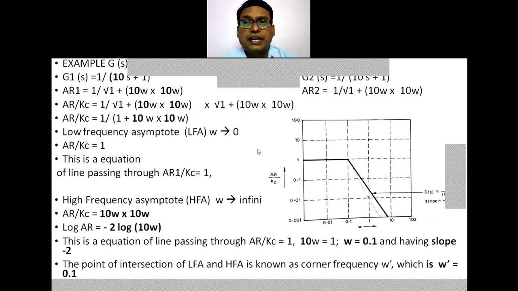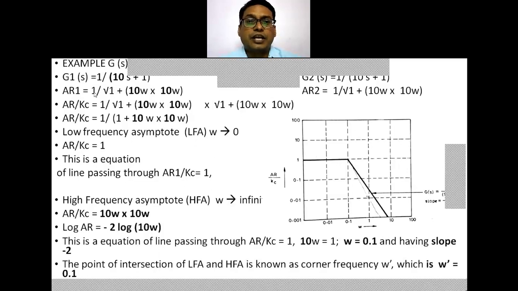So we can split this into two transfer functions, G1(s) and G2(s). G1(s) becomes 1 upon 10s plus 1, and similarly G2(s) is also 1 upon 10s plus 1. Now our amplitude ratio for a first order transfer function is 1 upon under root of 1 plus (tau omega) whole square.